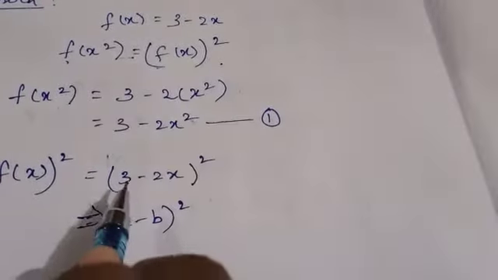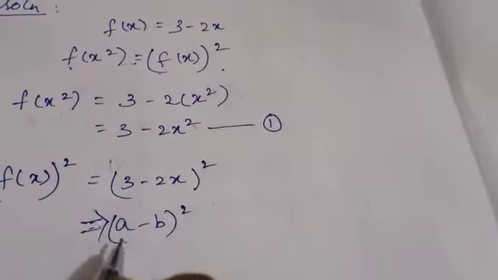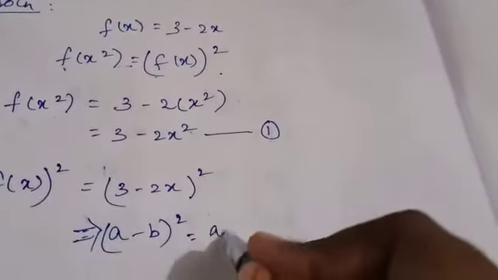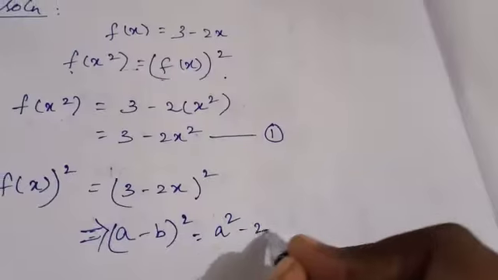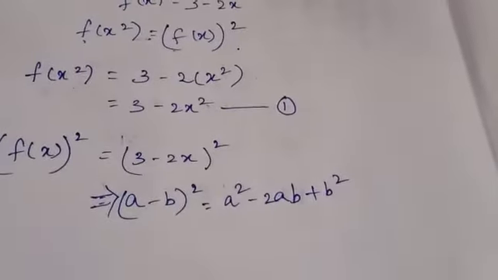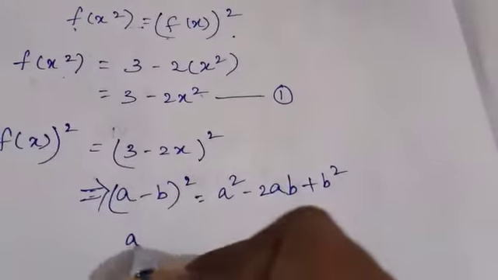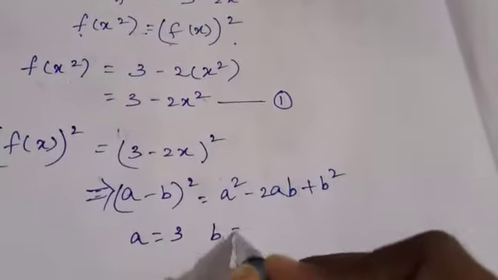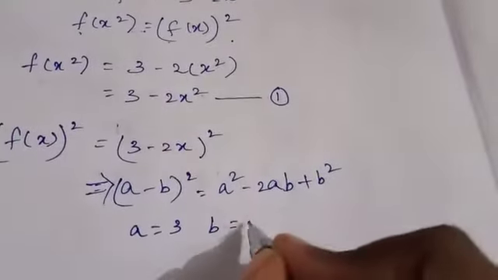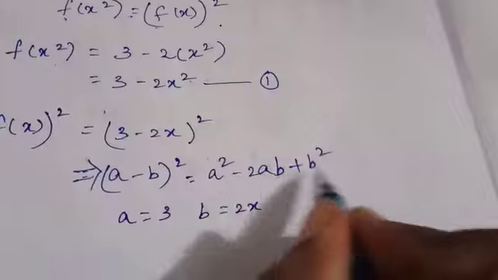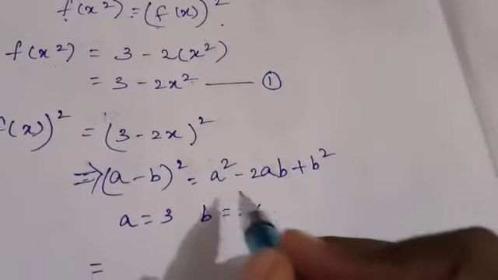Yes or no? What is the formula of a minus b whole square? a square minus 2ab plus b square. So here the value of a is 3 and the value of b is 2x.